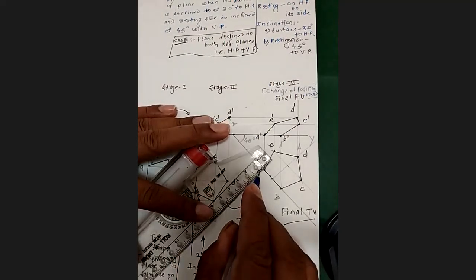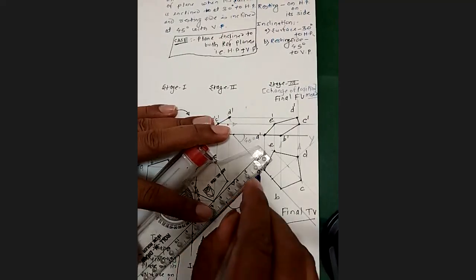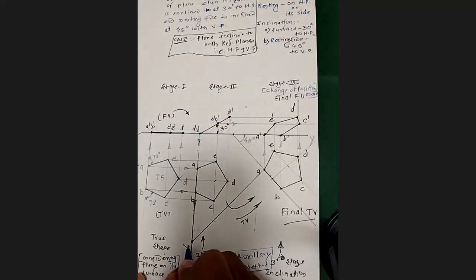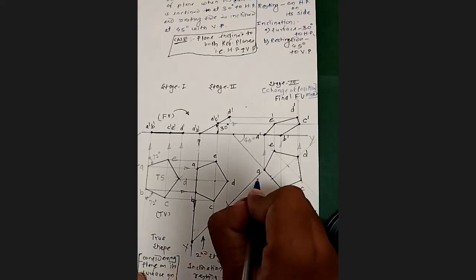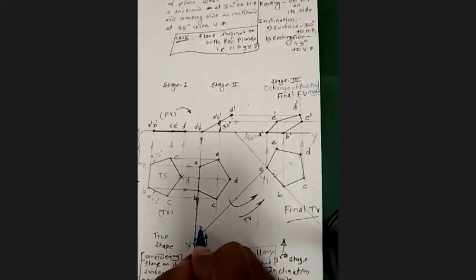I will take the line like this. I will name this line the x1 y1 line. The previous line was this xy line. Now I will say it's the x1 y1 line. This angle is 45 degrees.